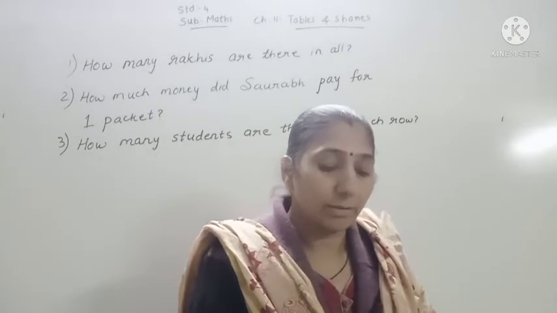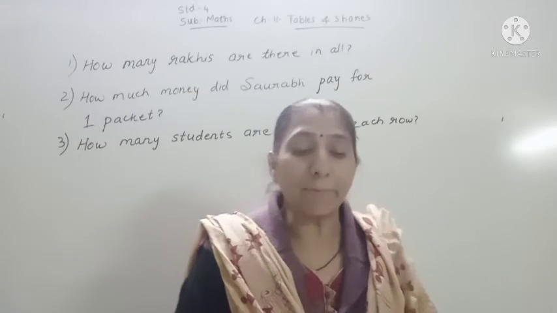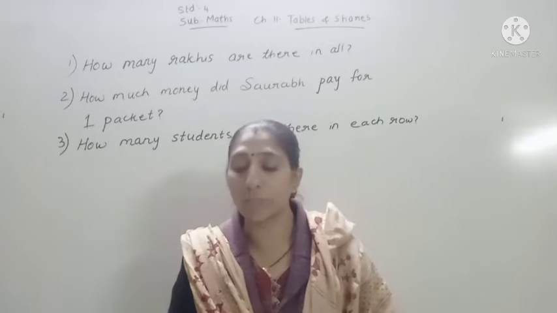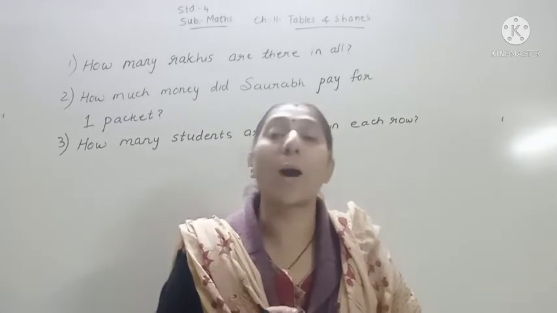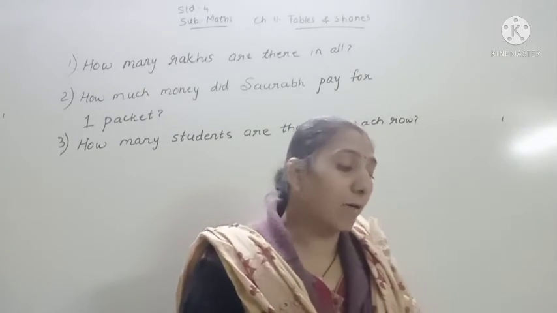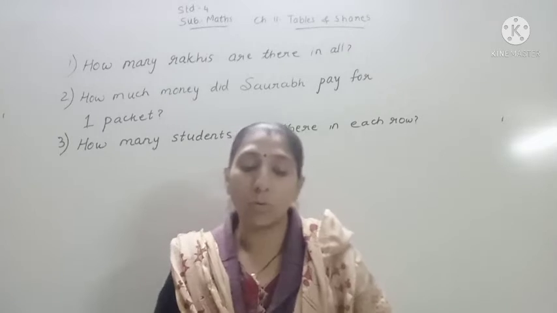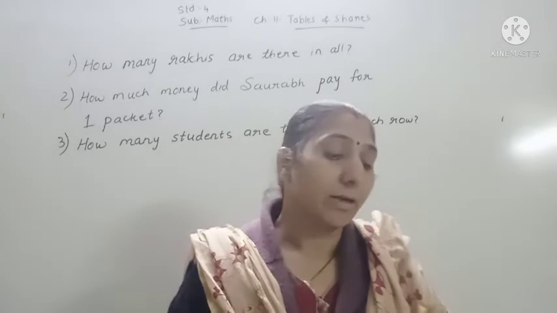Next, Hari, Seema, Chinku and Lakshmi are going to Guwahati. The cost of one rail ticket is rupees 62. Now Hari, Seema, Chinku and Lakshmi are going to Guwahati, and what is the ticket?